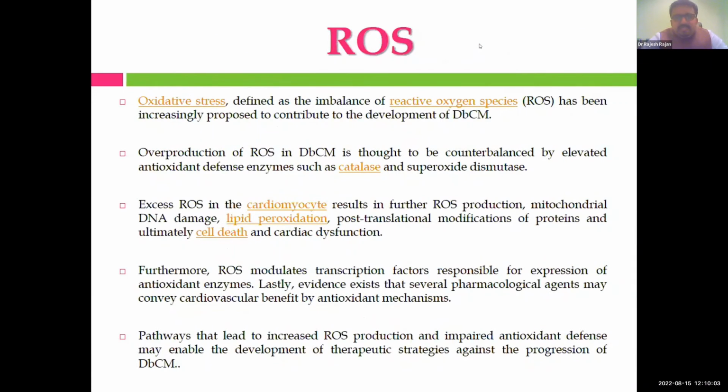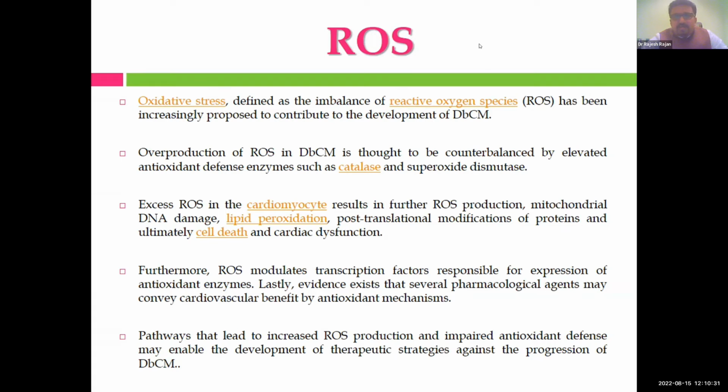So here, basically, we are going to talk about reactive oxygen species and the role of the particular treatment to counter this diabetic cardiomyopathy. Oxidative stress, defined as an imbalance of reactive oxygen species, has increasingly been proposed to contribute to the development of diabetic cardiomyopathy.